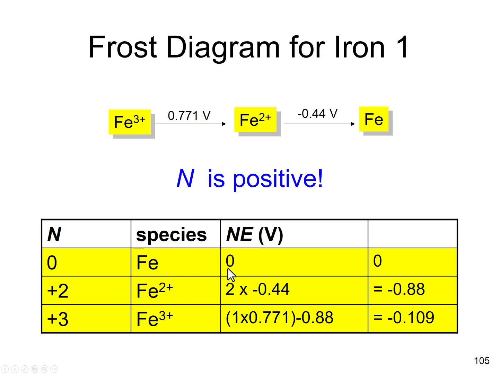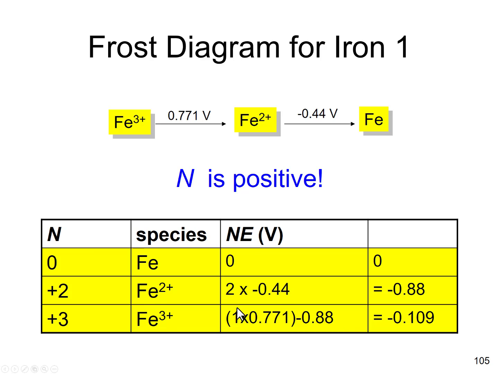And of course, N multiplied by E would be 0. For iron 2, we have a +2 oxidation state, and that has to be related to the redox potential. So 2 times minus 0.44 volts gives rise to minus 0.88 volts. In the last entry, we have the +3 oxidation state of the iron 3 plus ion.